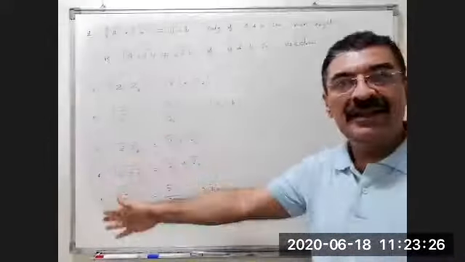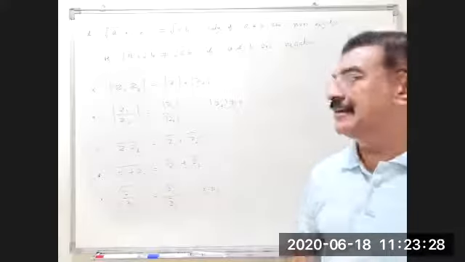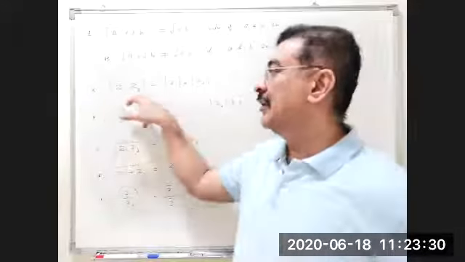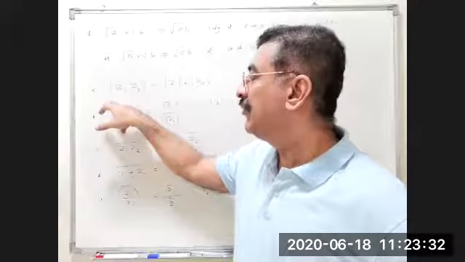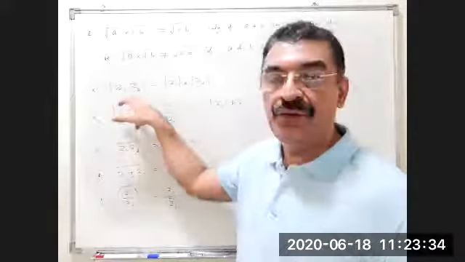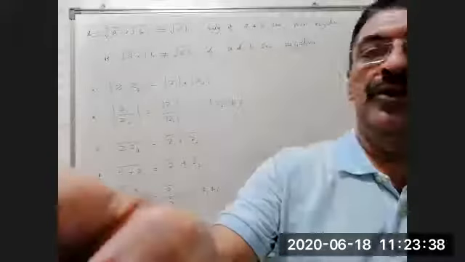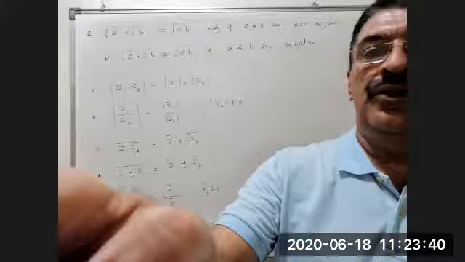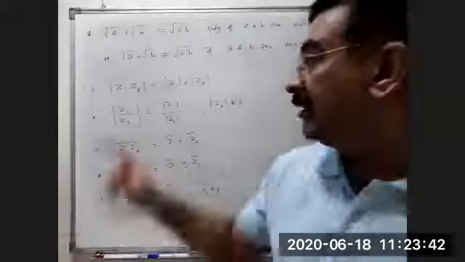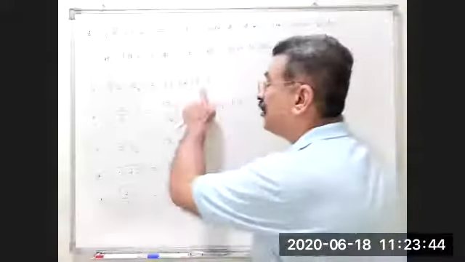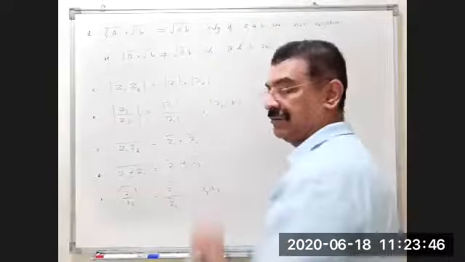If you are reading these as sentences, these are two complex numbers. This is the modulus of the product of two complex numbers, that is the product of their moduli.